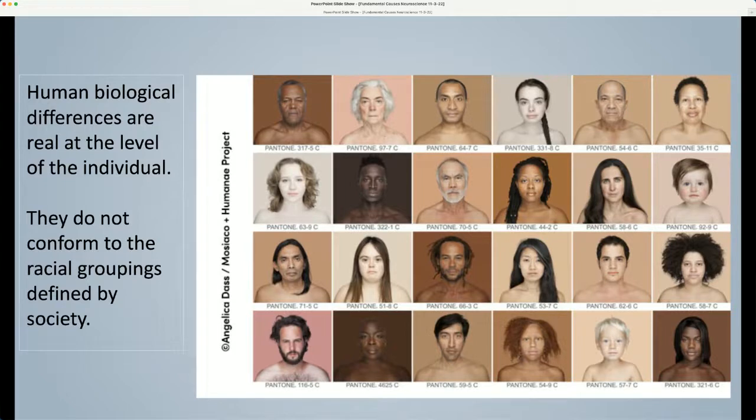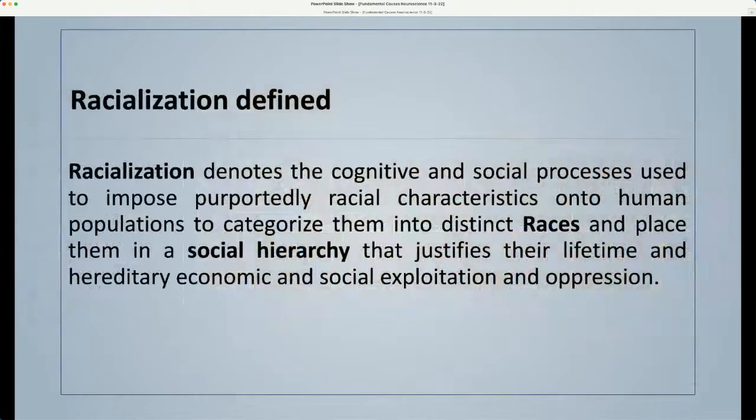Consequently, the term racialization rather than race best describes how persons, groups, and even food, objects, and physical spaces are racially categorized and determined. Racialization denotes the cognitive and social processes used to impose purportedly racial characteristics onto human populations to categorize them into distinct races and place them in a social hierarchy that justifies their lifetime and hereditary, economic, and social exploitation and oppression.